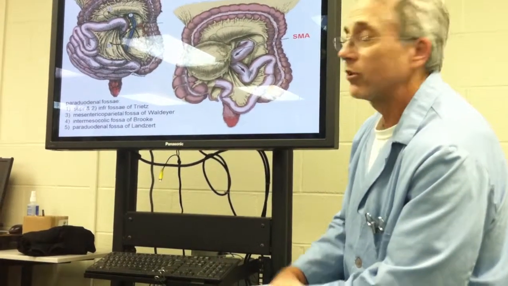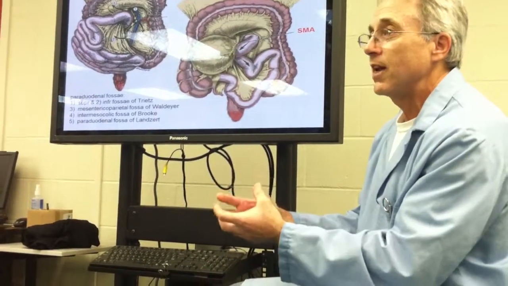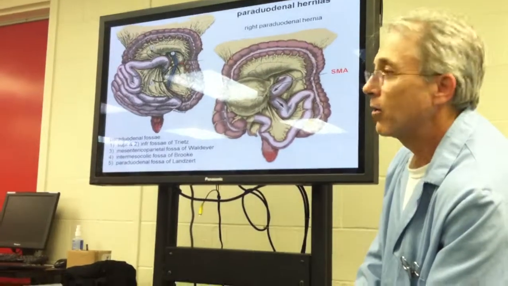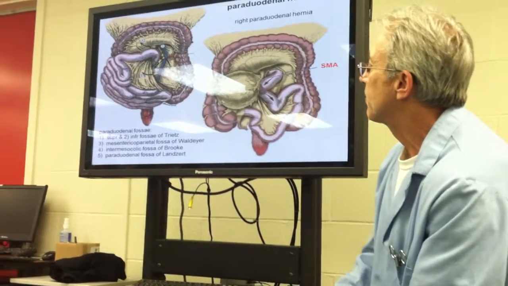And obviously it could become very serious because, just like a volvulus, you can get this contained area being cut off from its circulation and also obstruction. So internal hernias are problematic.